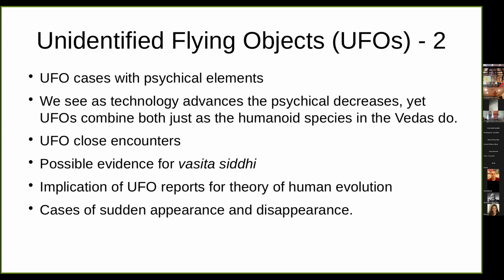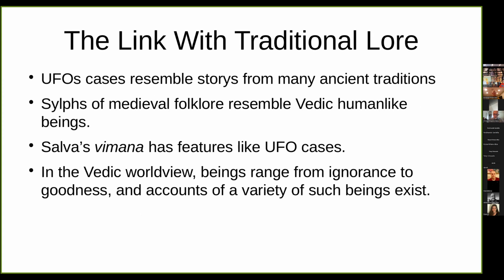And then he finishes up with the UFOs and talks about other kinds of traditional lore where they have cases like UFOs. And he talks about a class of beings called the sylphs from medieval folklore that resemble different human-like beings, such as yakshas, kimpurusas, rakshasas, and they also had vimanas or flying creatures.